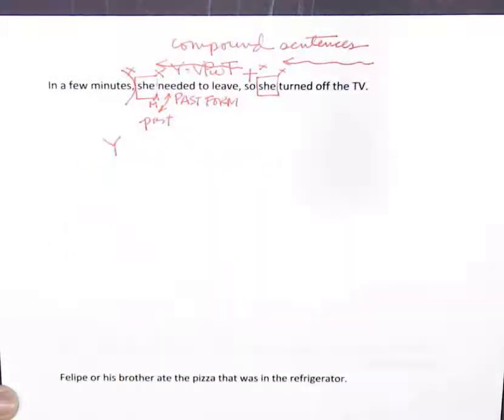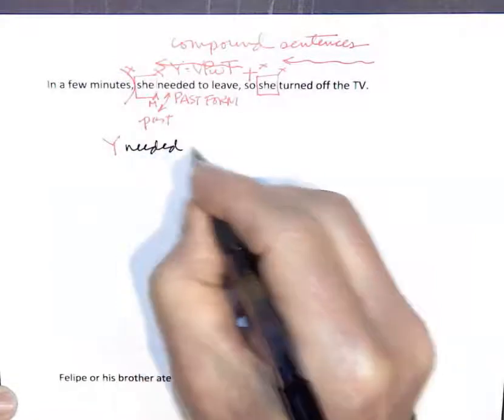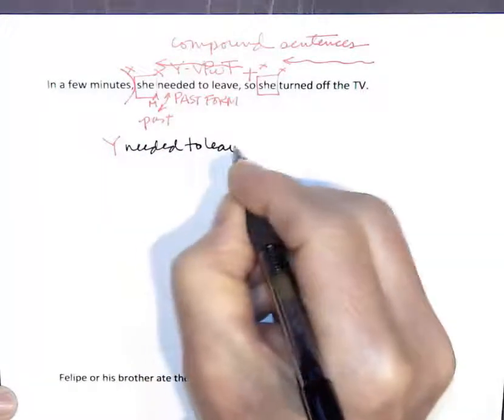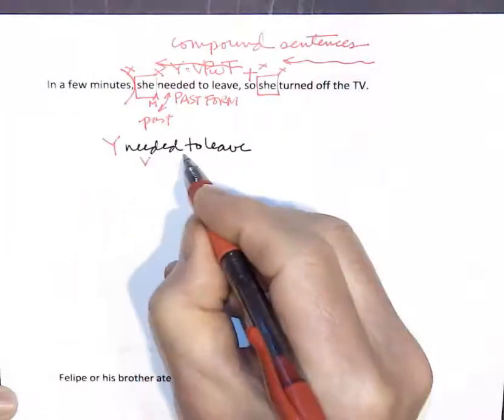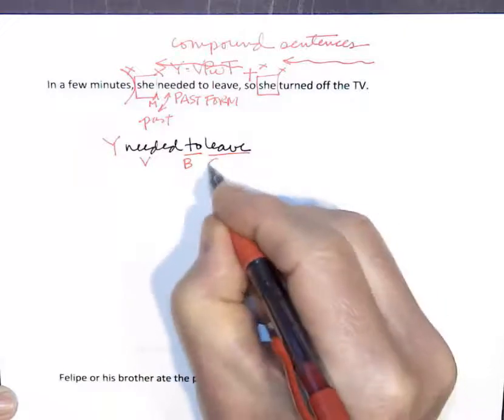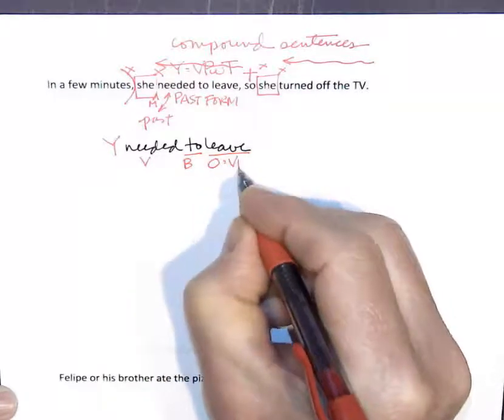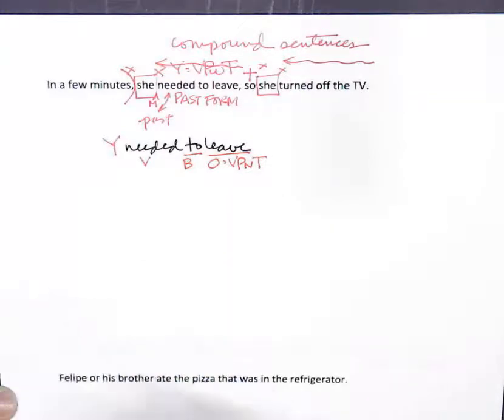And let's do one at a time. She, okay, the Y is needed to leave. Needed is the verb. To is the particle. And leave is the object. It's a verb phrase. No time. It's the base form. It makes the infinitive for us.